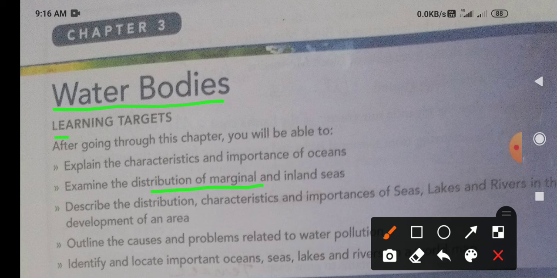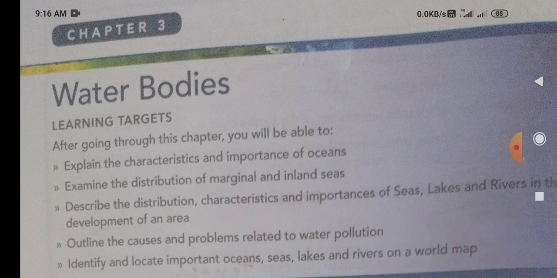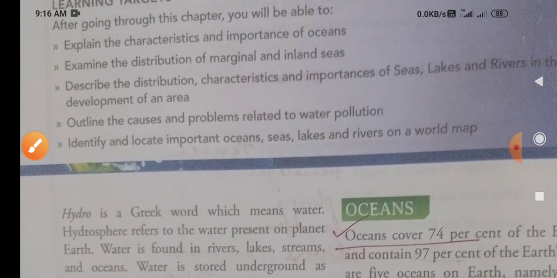Don't worry, you should know that these are the learning targets. Look here, and overall we can study all the things that are given in the book. Okay, so please try to open your book along with me and try to know what are these water bodies that are found. Okay, so get ready with your book and see there.